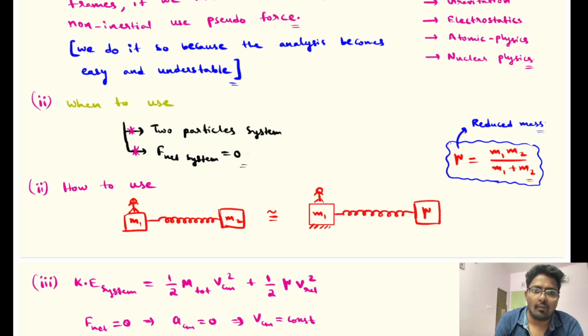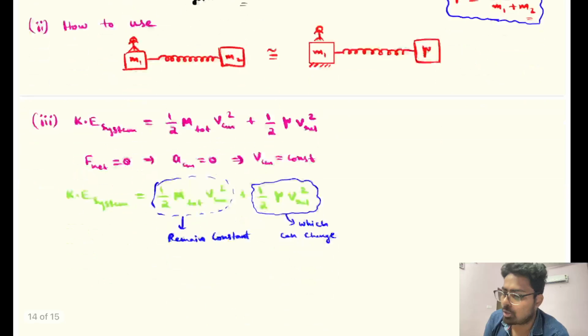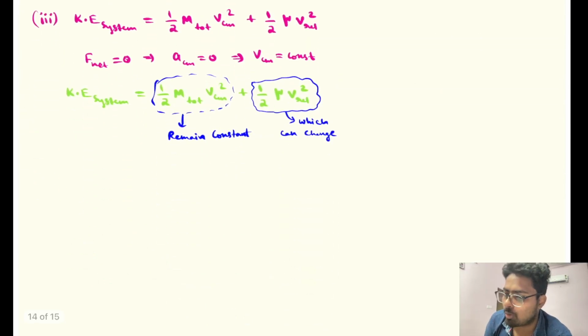Now we'll try to get more and more clarity by taking up questions from each concept here. First, let me take a spring block question. Question number 1, model 1. As I said, I'm going to cover different models using the reduced mass concept. I'm not going to give many examples, otherwise the video will become very lengthy.